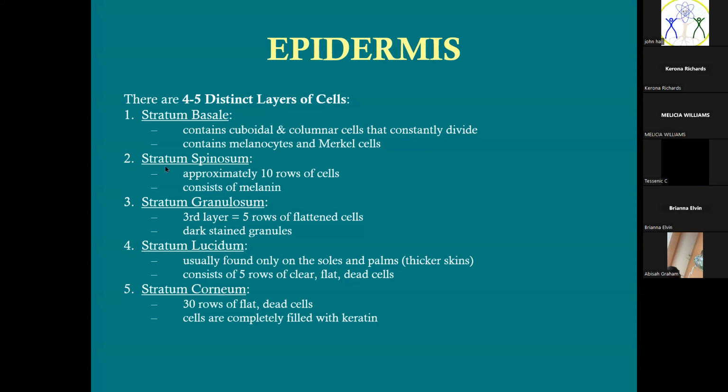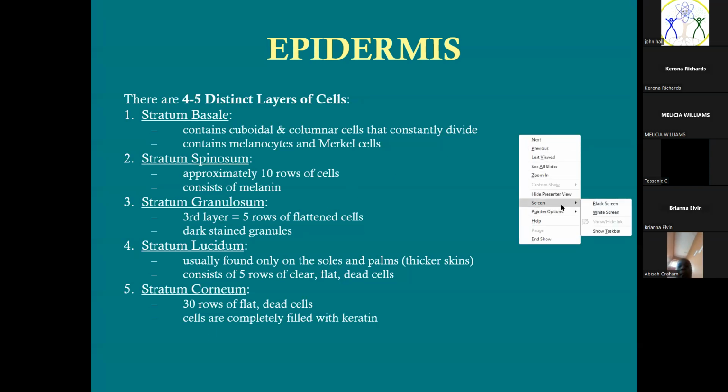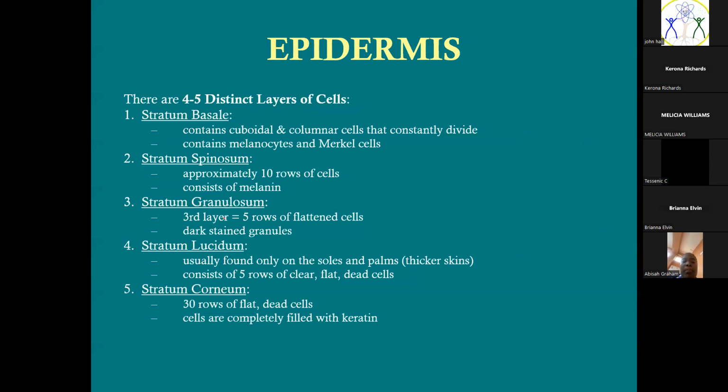Then above the stratum spinosum, you have a layer called stratum granulosum. Now, as usual, if you look carefully, the word is going to give you some information about the cell itself. I should have mentioned this before. Spinosum, spin here is spiny, right?